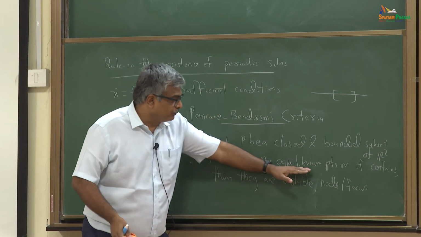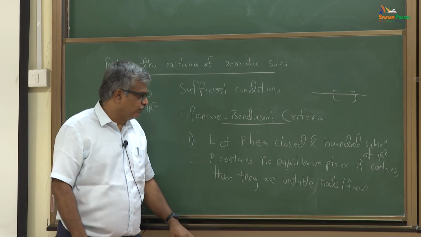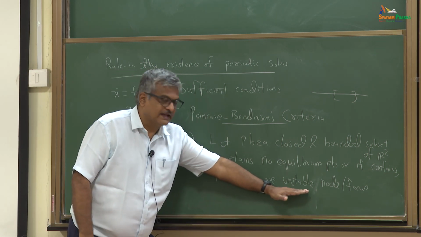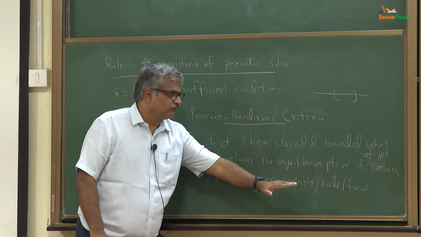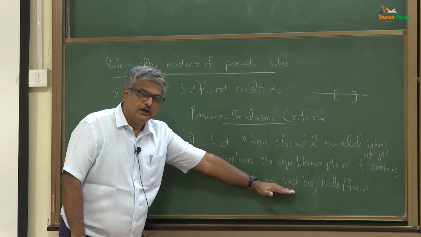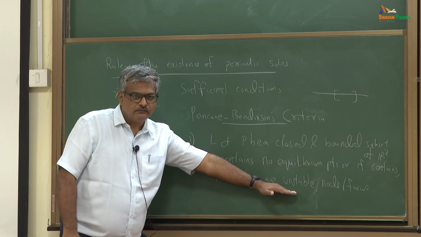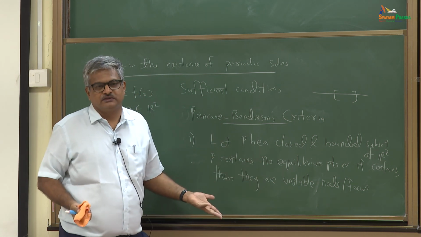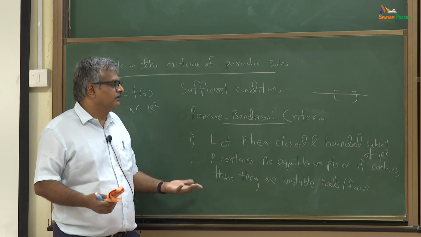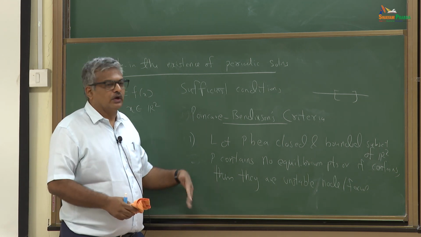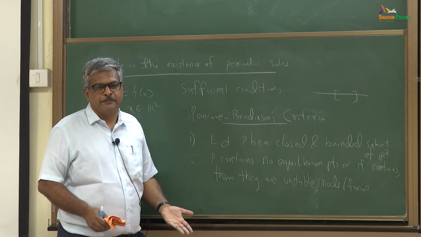If there is an equilibrium point, then it has to be either an unstable node or an unstable focus. If there is a saddle, then you cannot apply this criteria; you can no longer proceed with it.